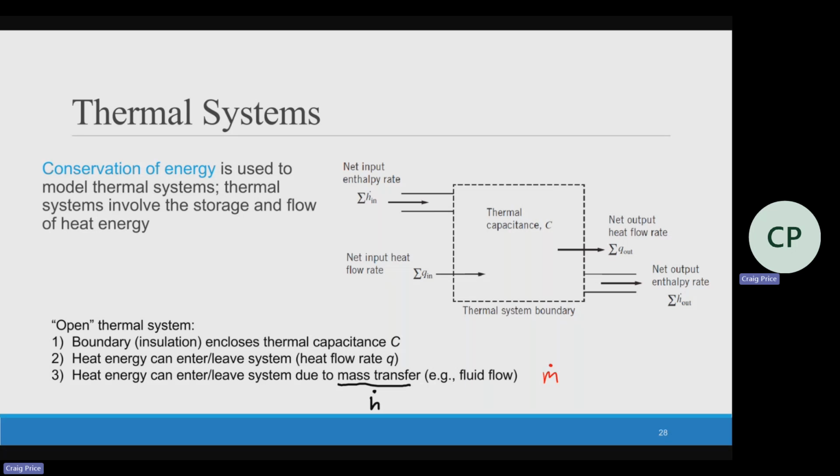I have two different ways that I can gain thermal energy. The first is just direct heat flow. So that's lowercase q. So I have some kind of heat just flowing in. There's no fluid or anything for that. It's just heat coming in. I can have heat leaving. But net input enthalpy rate, this is where I do have some sort of fluid coming in with a different temperature.